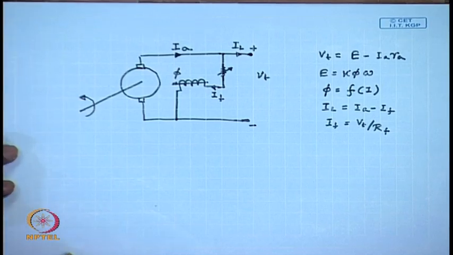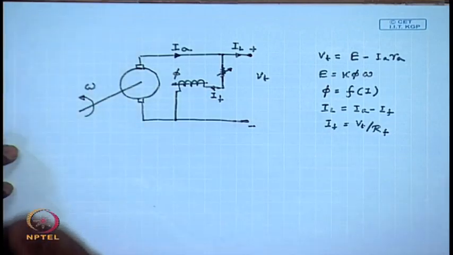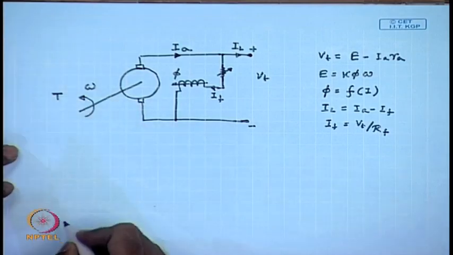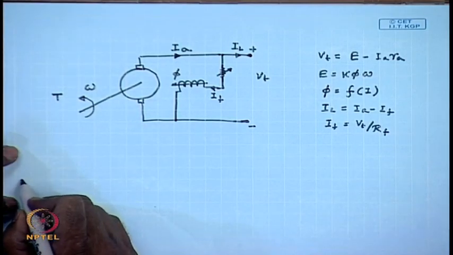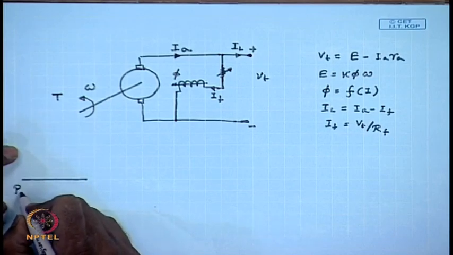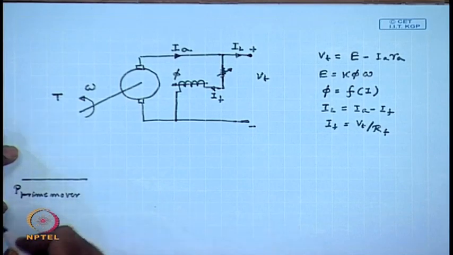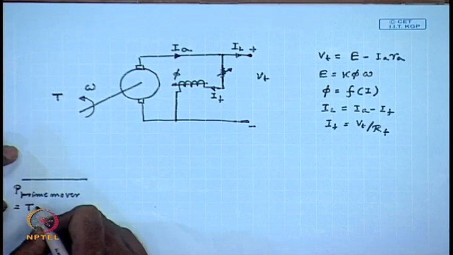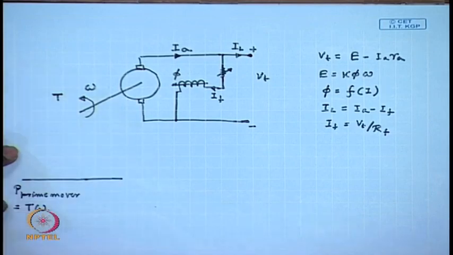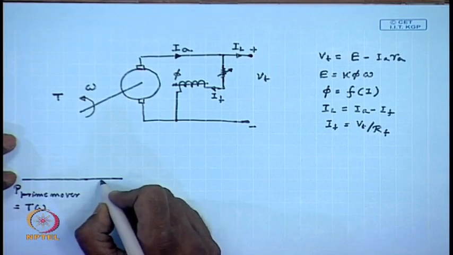If we look at the power distribution, let the rotational speed of the shaft be omega and the torque provided by the prime mover be T, then the power output by the prime mover is P mechanical, P prime mover, equal to T omega. Now, part of the power provided by the prime mover will be lost into mechanical losses, that is friction and windage losses.